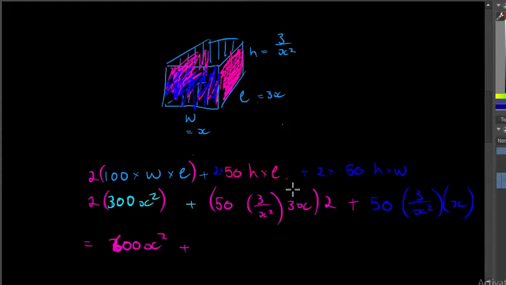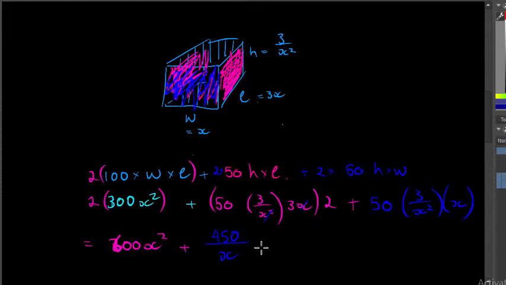So this one doubled gives me 3 times 3 is 9 times 50 is 450 over x, and it's over x because that x and that square cancel, so there's only an x left.